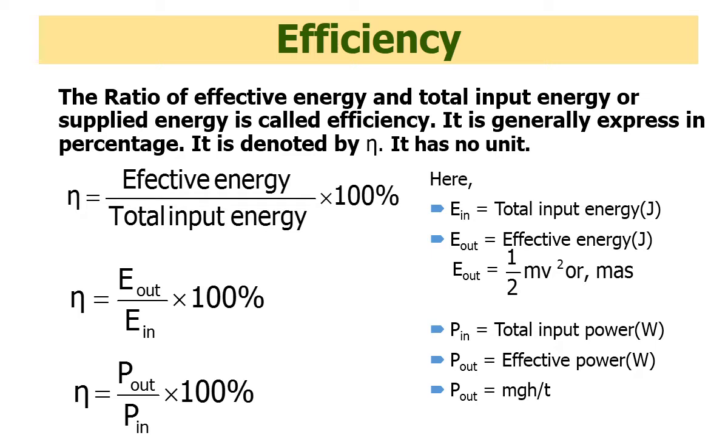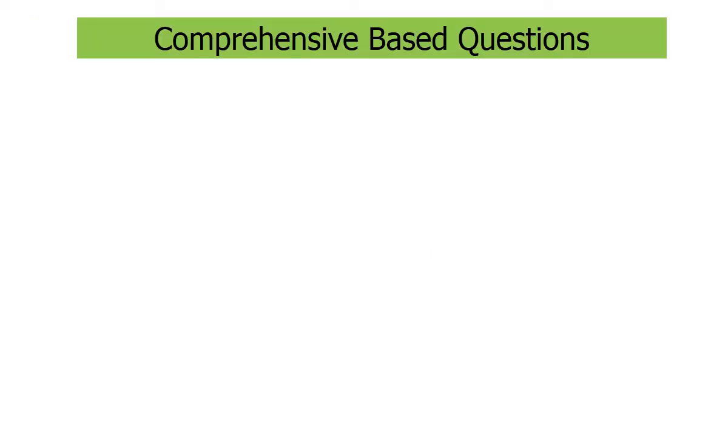If a body does some work, or has kinetic energy, we can calculate the output energy by applying the formula of kinetic energy or mgh. Here P in means the total input power and P out means effective power or output power of the engine. We can also calculate the output power by the formula of mg.